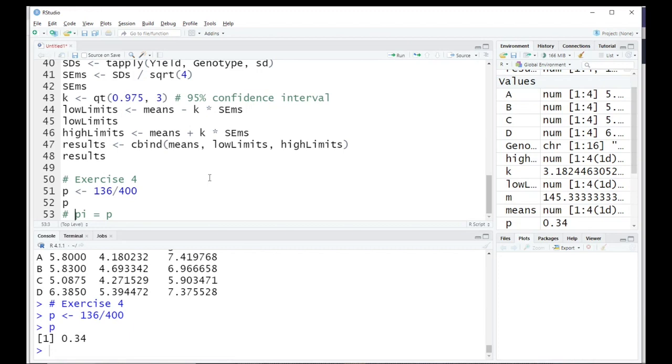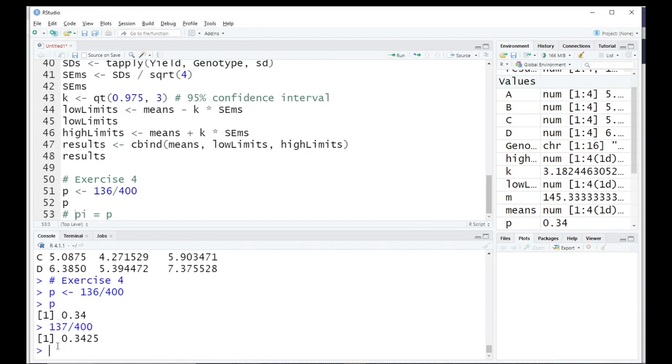In this case, it's not a continuous variable. With a continuous variable, we have an infinite number of values within each small interval. Here, it is a discrete variable. So there is 0.34, but then you don't have all values, because the next value would be, for example, 137 divided by 400. That would be 0.3425.